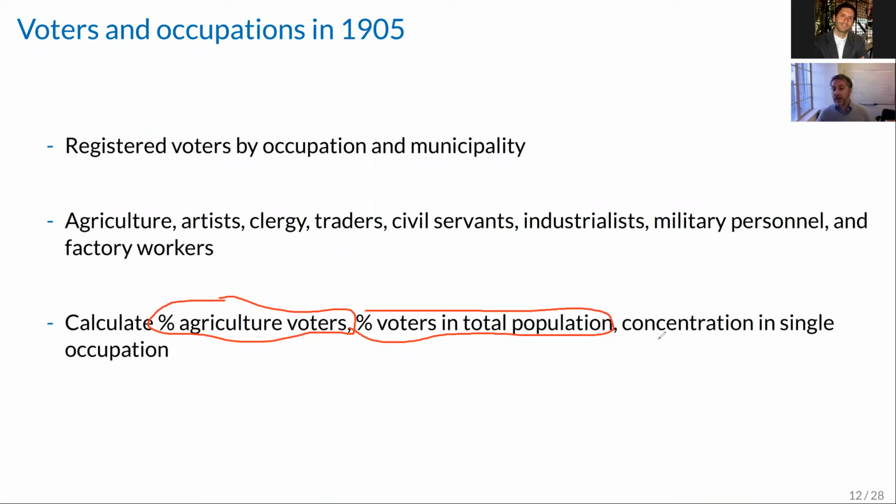And finally, we're going to build a measure of the concentration or dispersion of different occupations across voters, because it might be that in one municipality the agricultural voters are, say, 80% of the total voters, while in other municipalities it is split across different occupations.